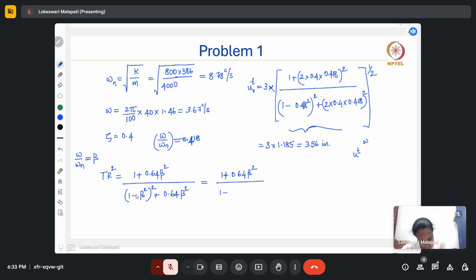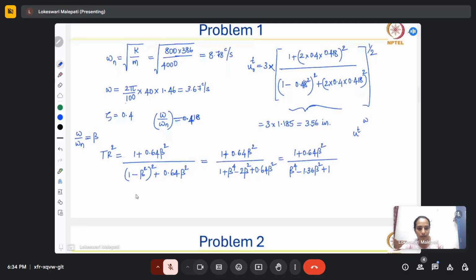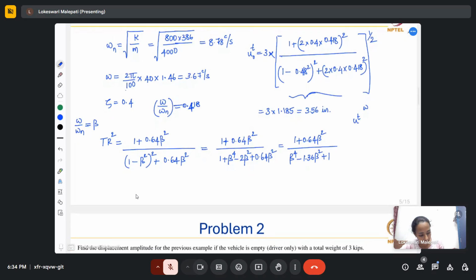So 1 plus beta power 4 minus 2 beta square plus 0.64 beta square is equal to 1 plus 0.64 beta square divided by beta power 4 minus 2 minus 0.64, which would be 1.36 beta square plus 1. So to obtain a maximum, we need to differentiate this TR square with respect to beta and equate it to 0.